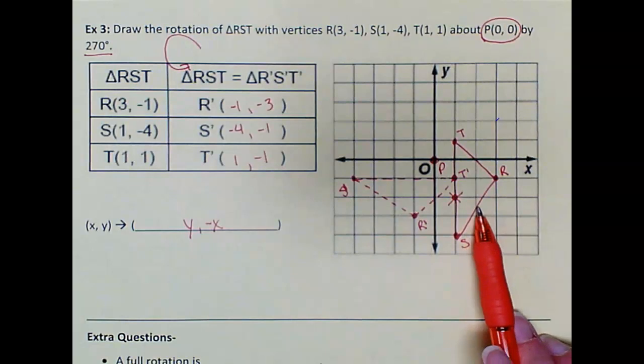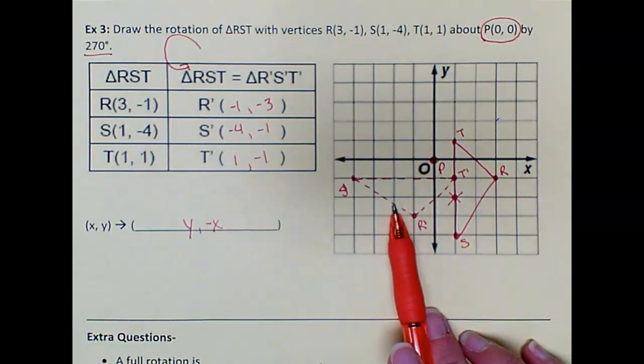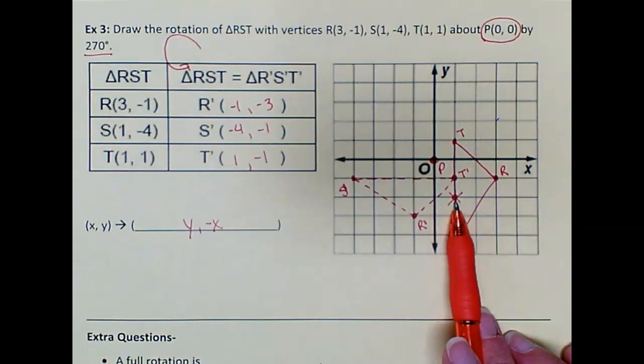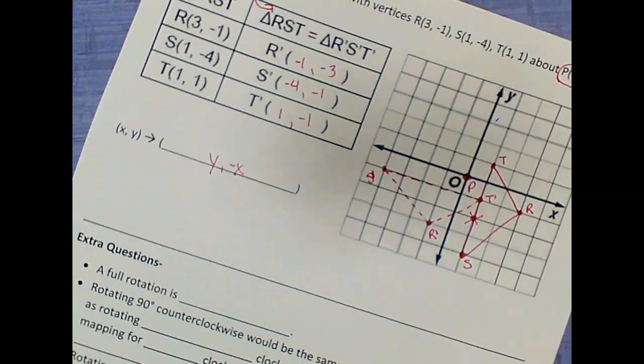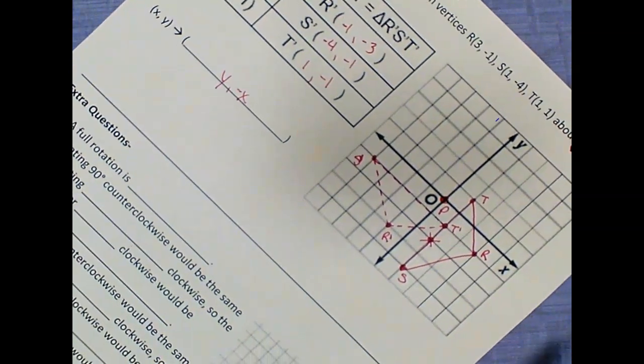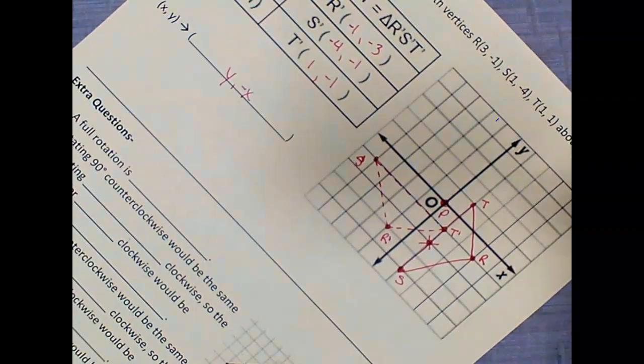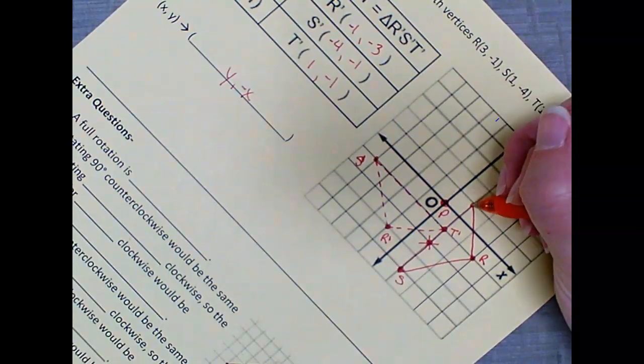Now, this figure that has solid sides is my pre-image, and this dashed-sided figure is my image. I did make a mistake right here when I was plotting T prime, but I just x'd it out, so I want to make sure you understand what that is. And then I also want to keep point P as my center of rotation, but I just want to show you from point T all the way to T prime.